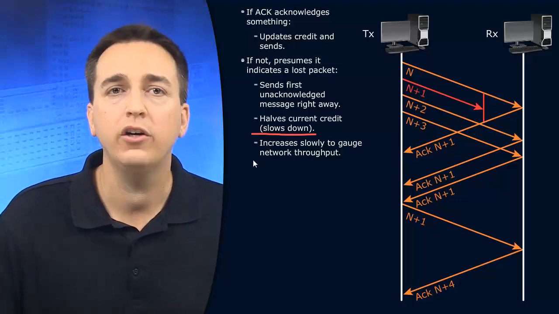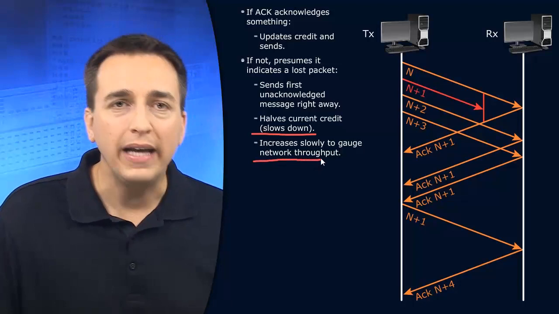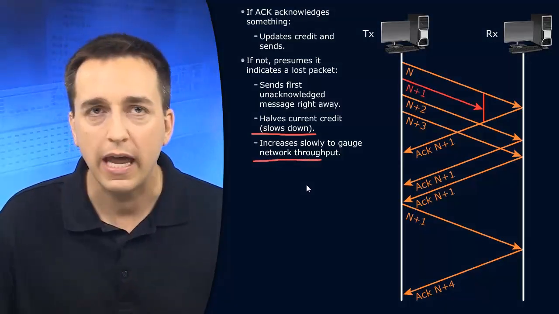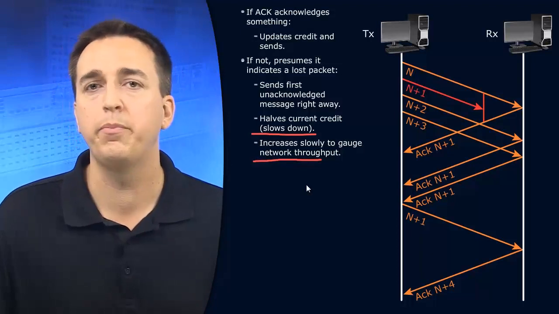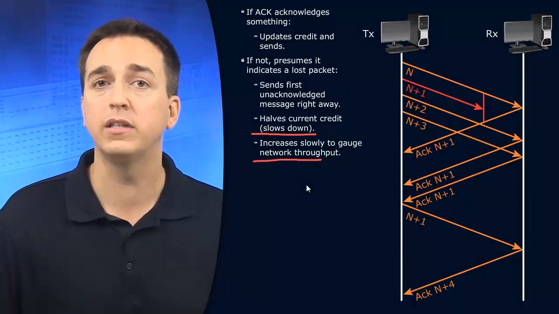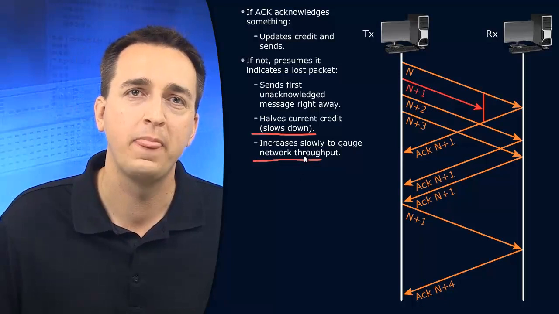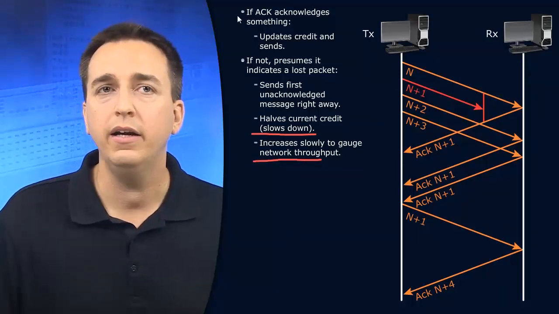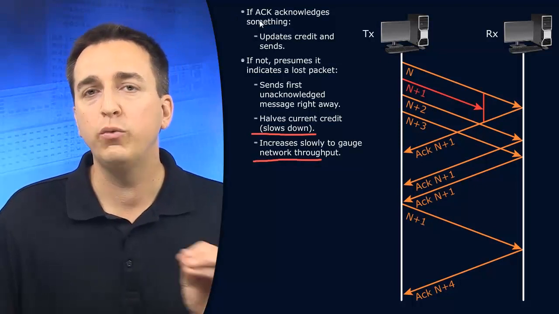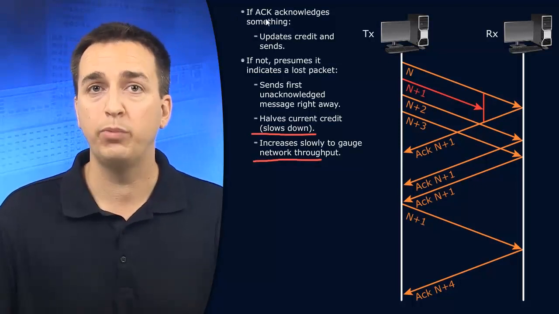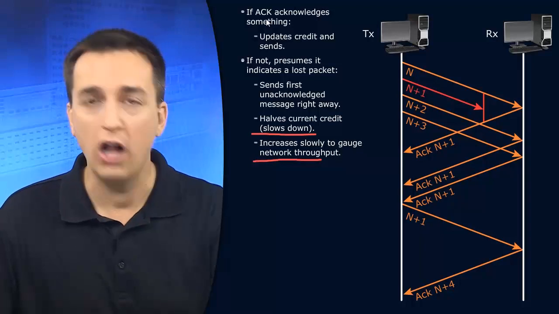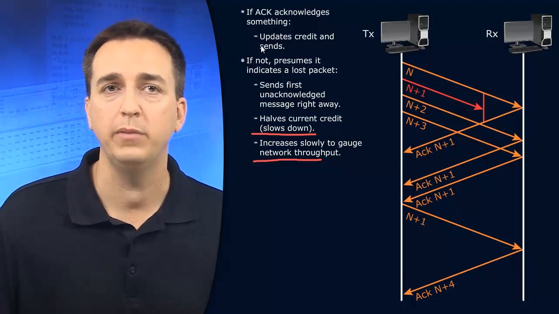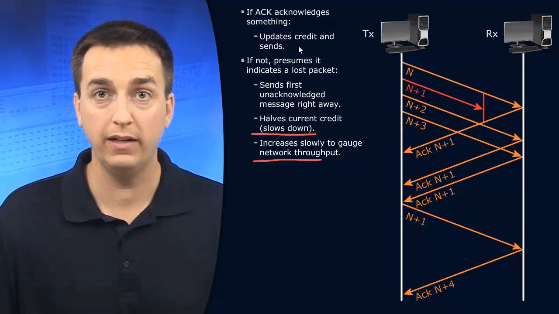And then we're going to increase slowly based on the acknowledgments we're receiving, based on the bytes we're sending, and then we can eventually get up to a higher amount of bytes being sent at any given time. But just so you understand on the flip side, if the receiving station had acknowledged n plus 3, had acknowledged all of that, then the transmitting station would have updated the credit, meaning let's send more.